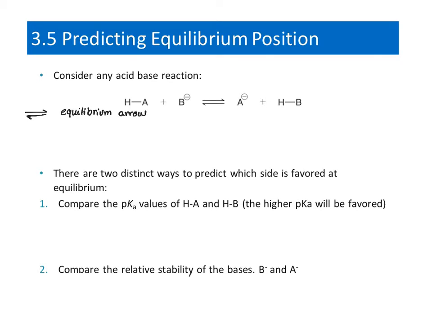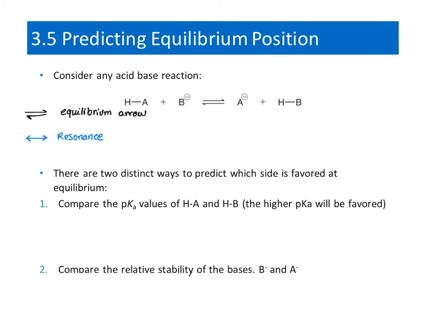So do not confuse this arrow with the double-headed arrow, which shows resonance. The equilibrium arrow means that the equation can go in both ways: one way to the product and one way to the reactant.